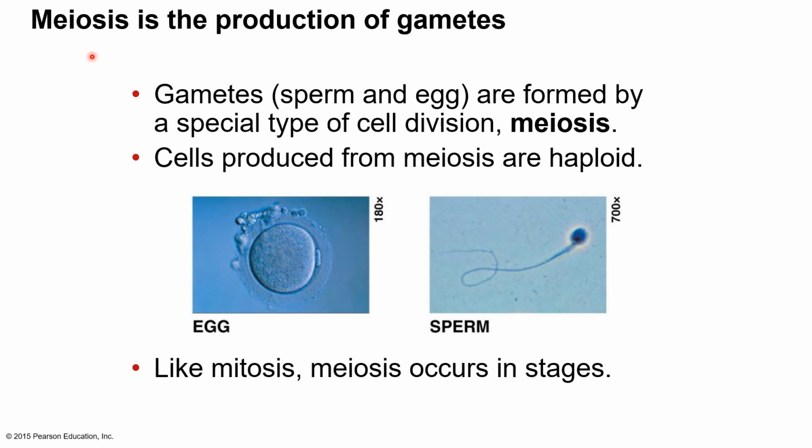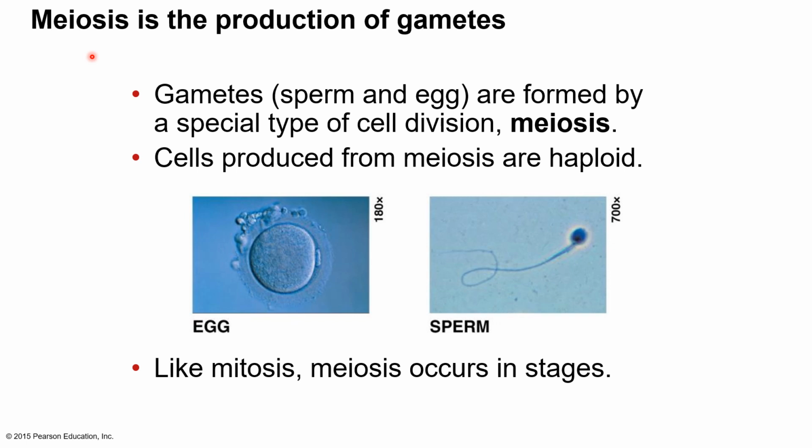Now, those gametes that are going to result out of meiosis, they are not going to be identical to each other. So when a female goes through meiosis, she's going to be producing not just one egg, but multiple eggs, about 4 eggs.